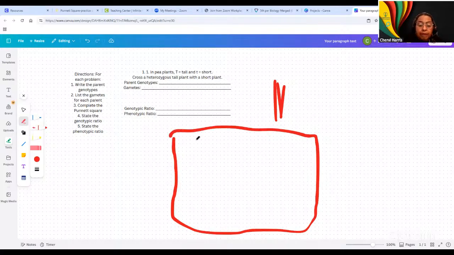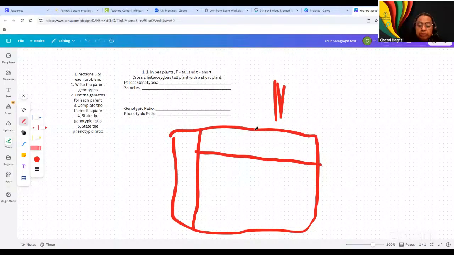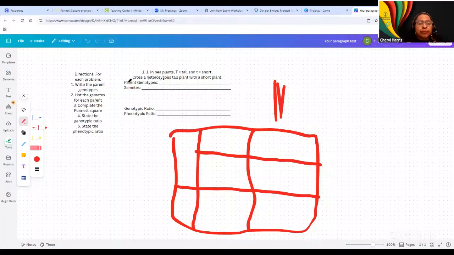And actually, since I drew it so big, I'm going to do it like this. So when you draw yours, it will be nice and neat. Mine is not neat. Okay, all right, so those are the general instructions on the side. You have to do that with each problem.